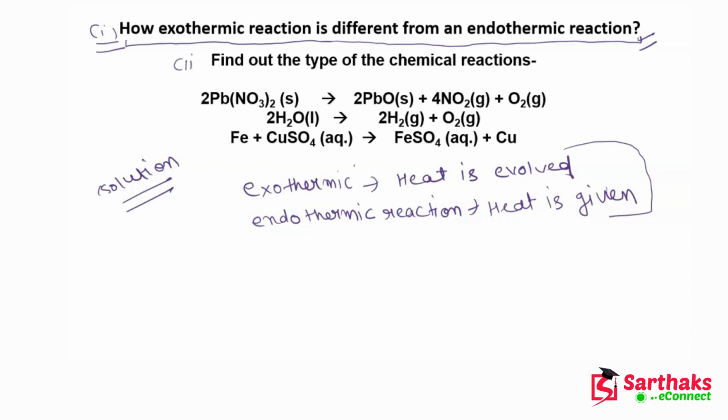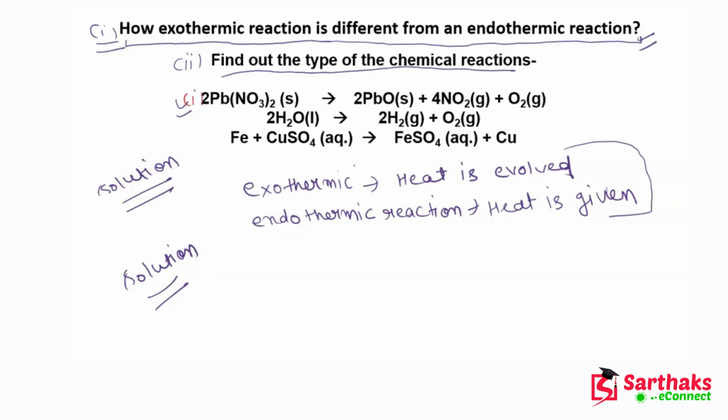Now let's talk about the second question. Let me write the solution. Find out the type of chemical reaction. Some chemical reactions are given, and we have to find out the type of these reactions. First, let's talk about this first reaction.